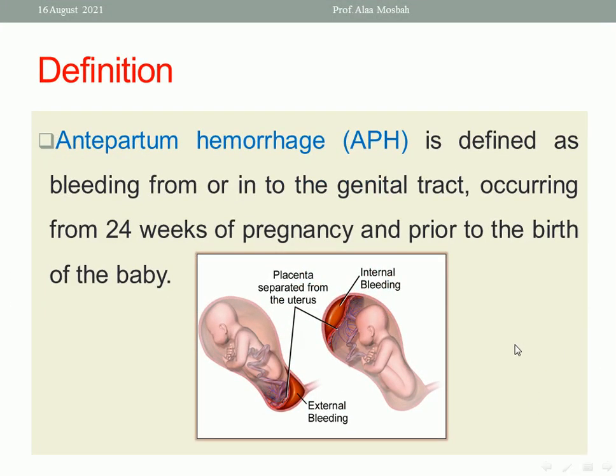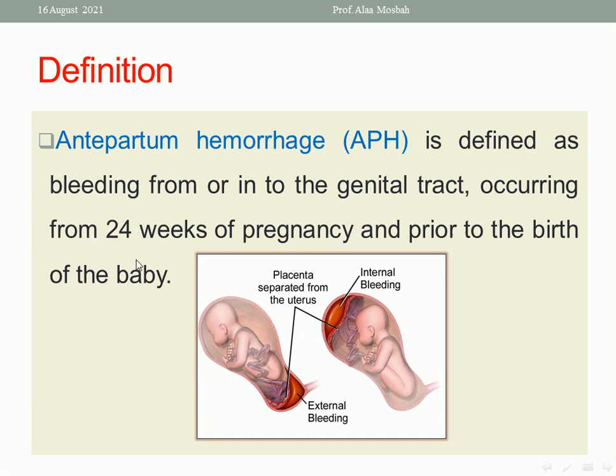So what is the definition of antepartum hemorrhage? It is bleeding from or into the genital tract occurring from 24 weeks gestational age to the birth of the baby. And you will find some definitions starting from 20 weeks up to the birth of the baby.